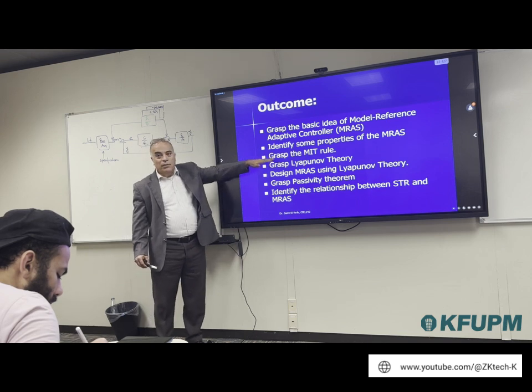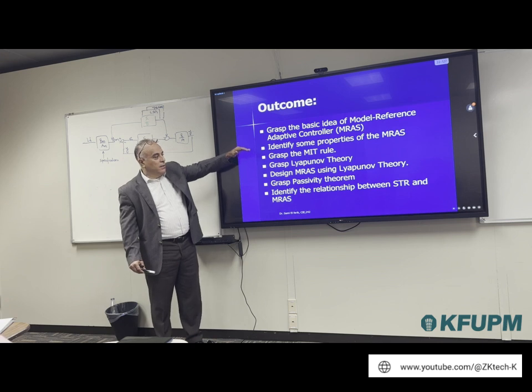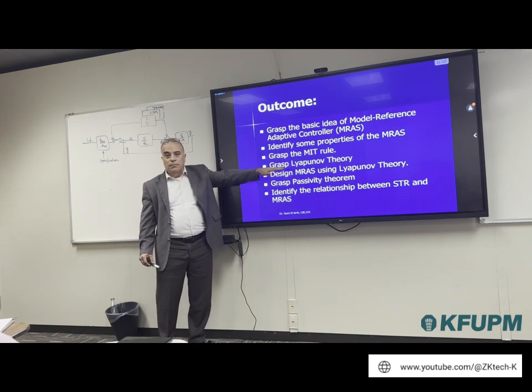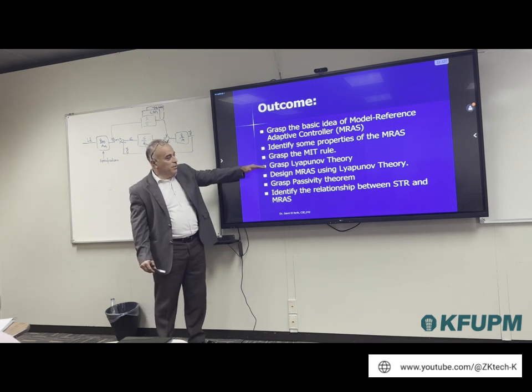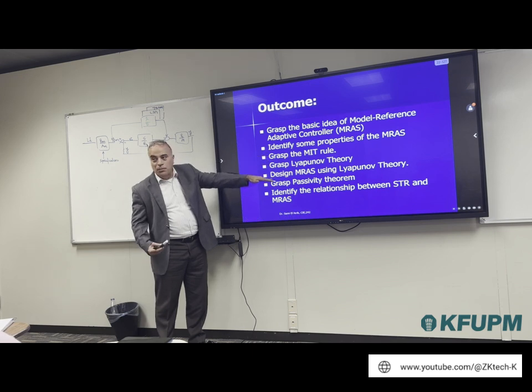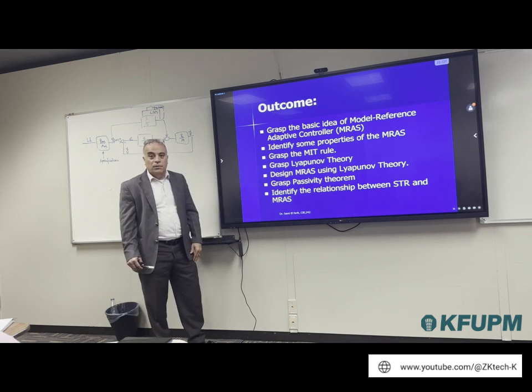To explain how the MIT rule works and what are the weaknesses of the MIT rule, we have to run to Lyapunov theory. And based on the Lyapunov theory, we have developed a new theory. So we use Lyapunov to explain the problems with the MIT rule. And then from this development, we developed a new method using the Lyapunov directly to develop adaptive control.